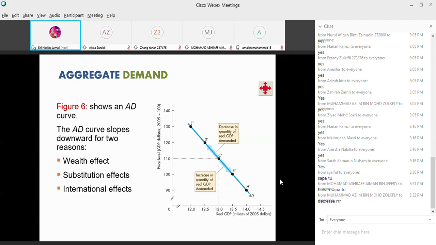Okay, all right, and then when the price level increases, you no longer spend 200 ringgit on the same quantity of product that you bought before.